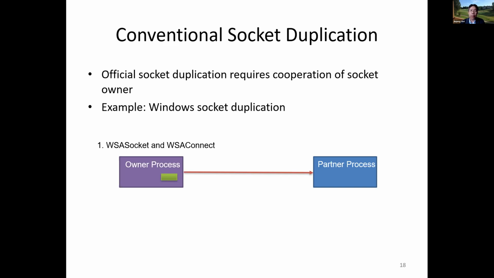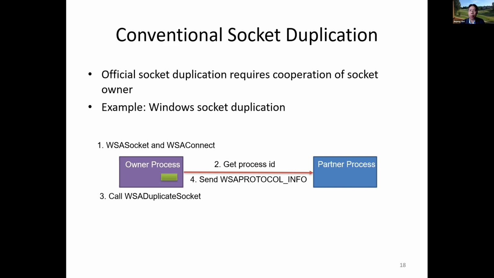Before doing that, the owner process first asks the partner process for its process ID through an inter-process communication, or IPC, mechanism. The partner process answers with the ID, and then the owner process calls WSADuplicateSocket to create a second socket, and passes it along to the partner process in a data structure called WSAPROTOCOL_INFO, again through the IPC mechanism.